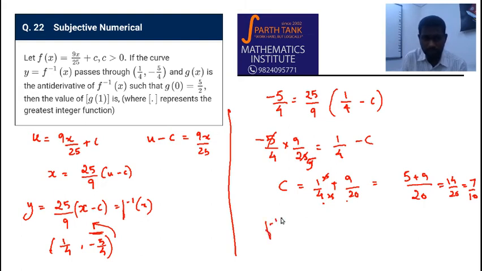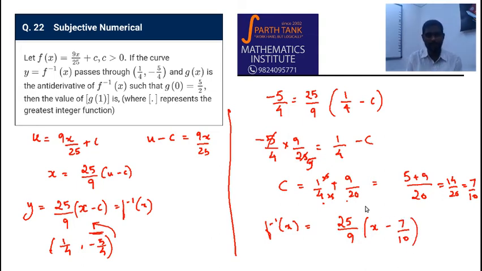So the f inverse of x is 25 by 9 into x minus 7 by 10. Okay, so far so good. Nothing involved or no complication at all. All that we are doing is just balancing the terms.